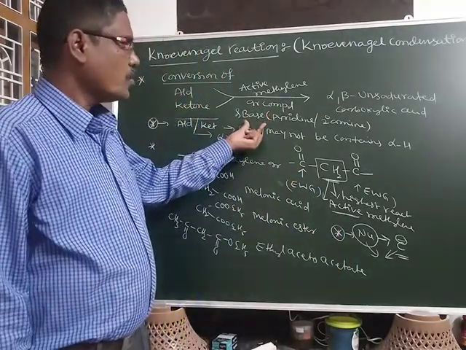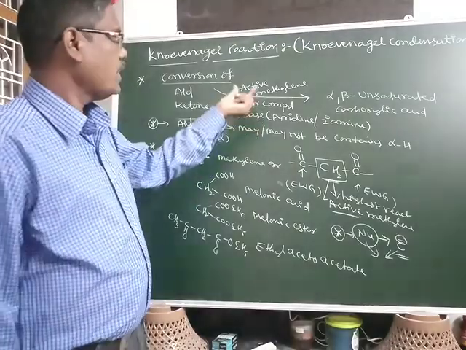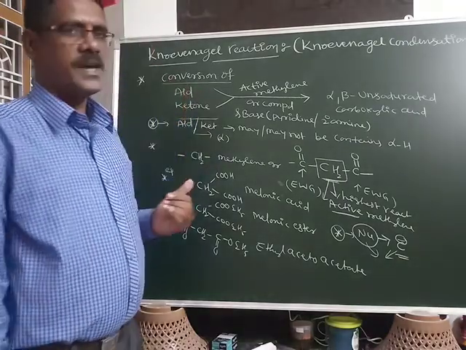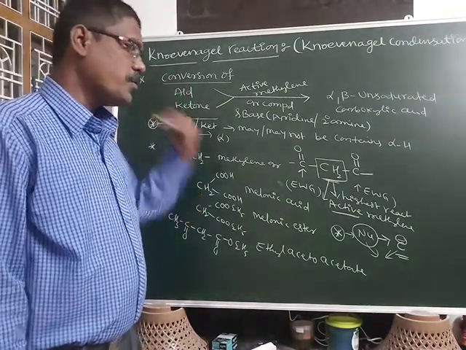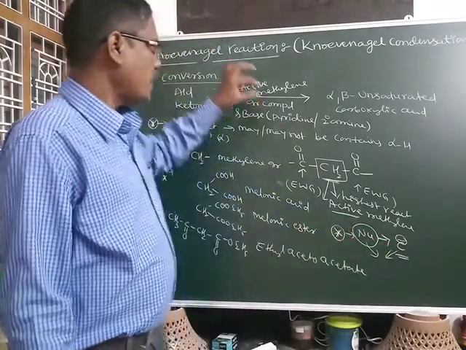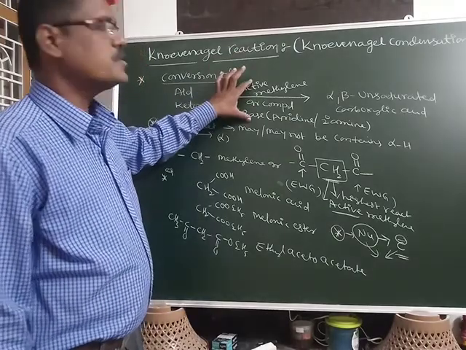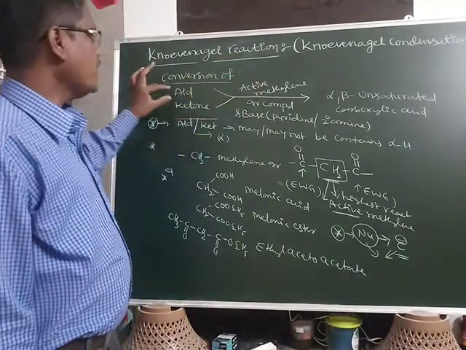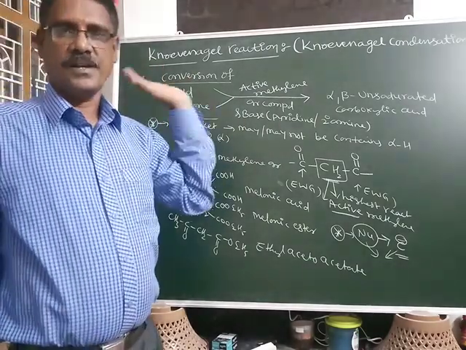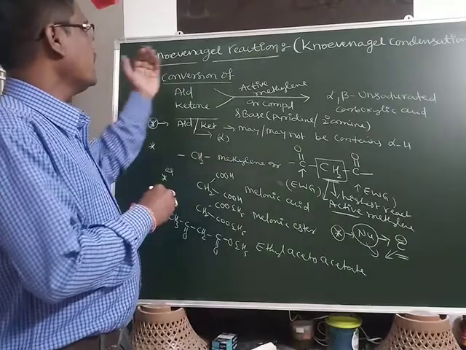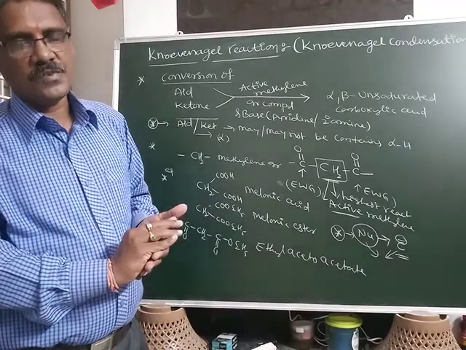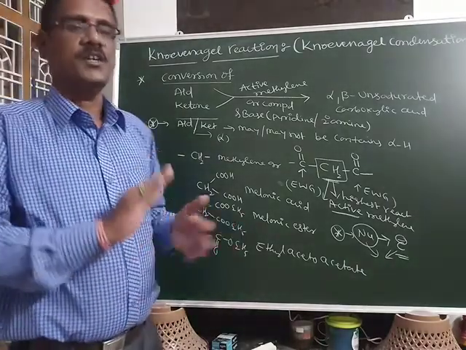To produce nucleophile, we require base in case of active methylene group. Active methylene group, when reacted with base, releases a proton and produces a carbanion. That carbanion acts as a nucleophile. This nucleophile is added at the carbonyl group of aldehyde or ketone. That means indirectly Knoevenagel reaction is nothing but a nucleophilic addition reaction followed by elimination.